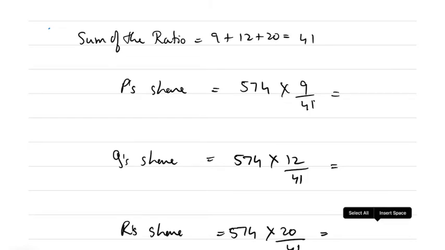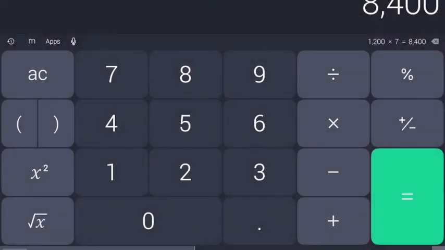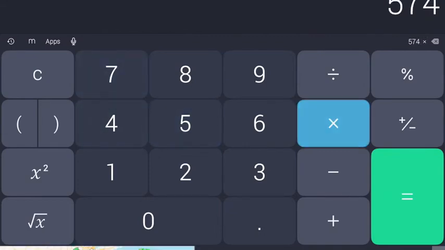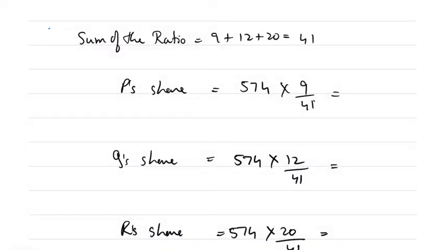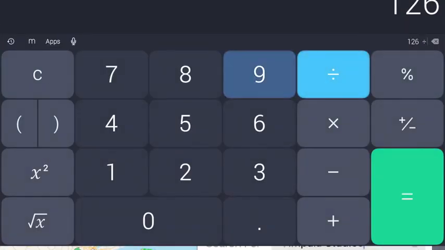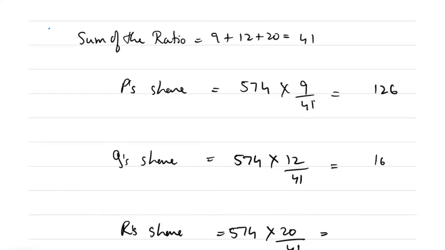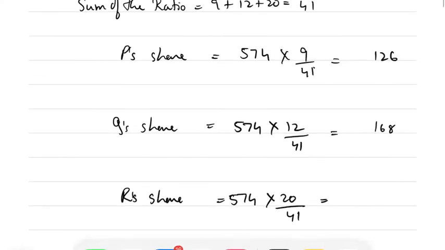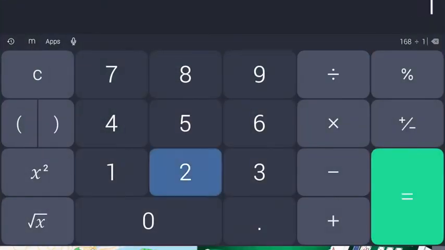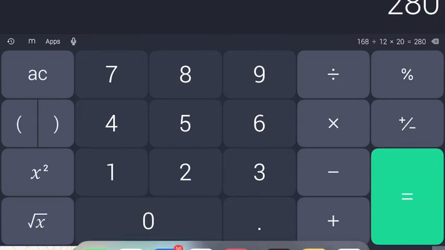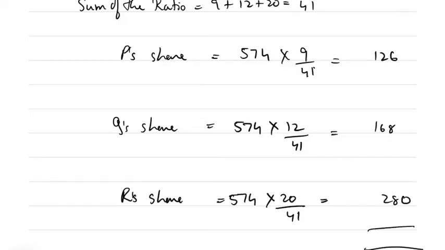Let's check. 574 into 9 divided by 41 is 126. 574 into 12 by 41 is 168. 574 into 20 by 41 is 280. Total is 574.